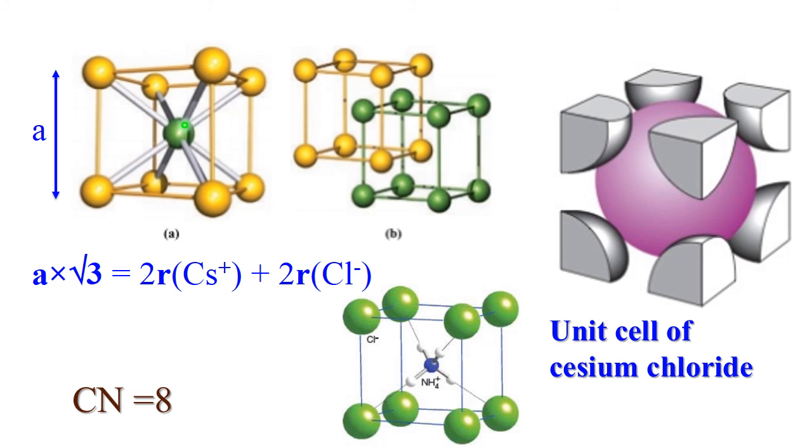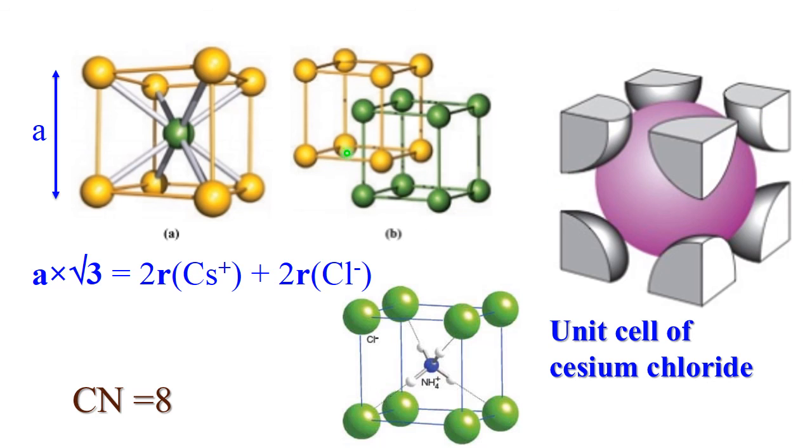Now, cesium is larger than sodium, so it packs with coordination number 8. It can be drawn like cesium sitting in the center, having 8 chlorides around it at each vertex of the cube.